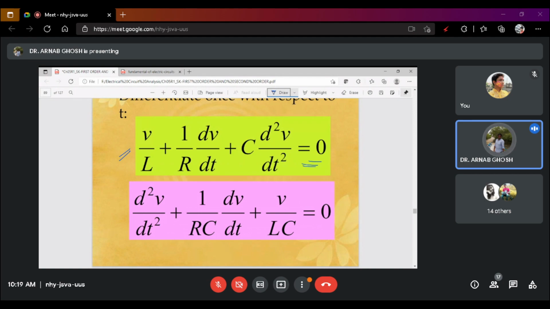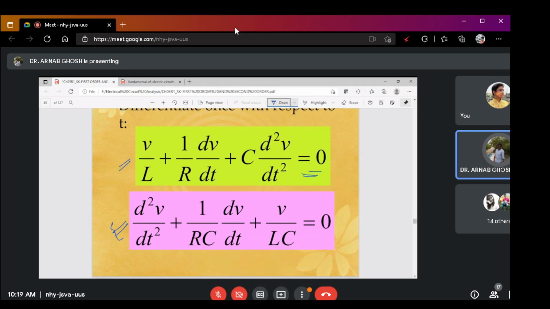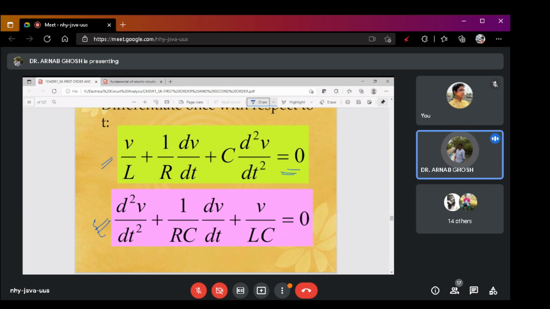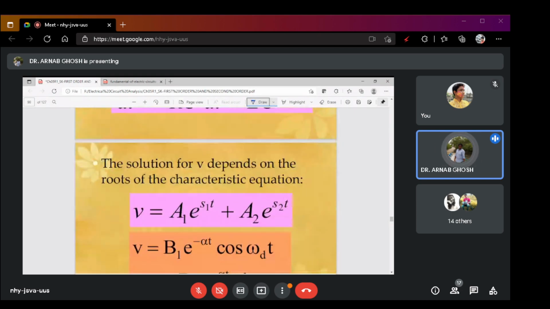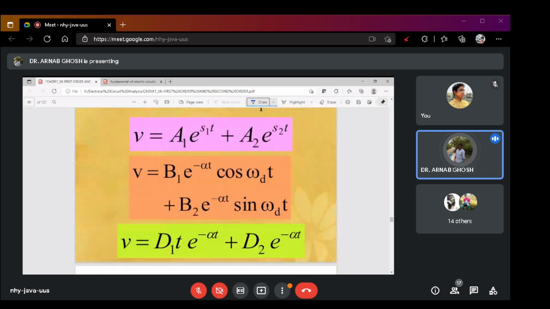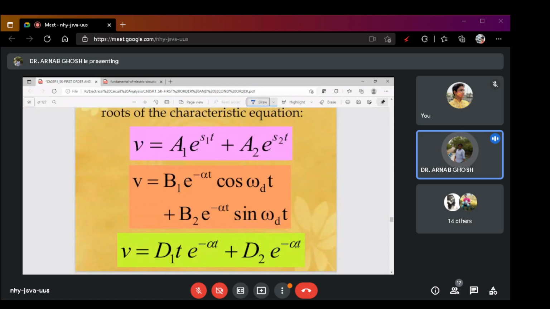If you closely look at this, we have again found an equation only with respect to V. So d square V by dt square plus 1 by RC dV by dt plus V by LC equals 0. So we are writing just the KVL equation, and then we are differentiating this. And next, to know the solutions of this, you know V0, you know I0, you know the characteristic equation, and you can go on calculating for the rest.